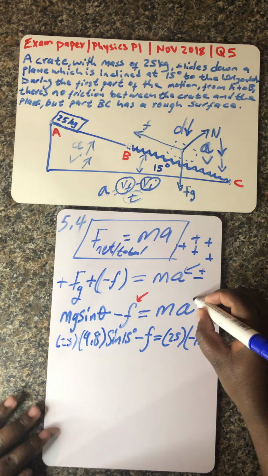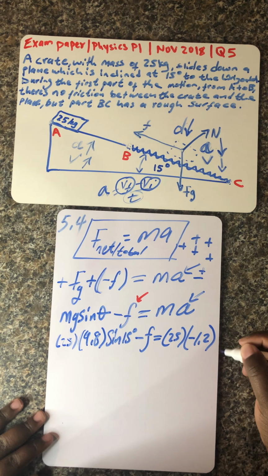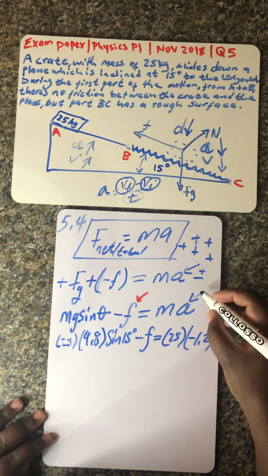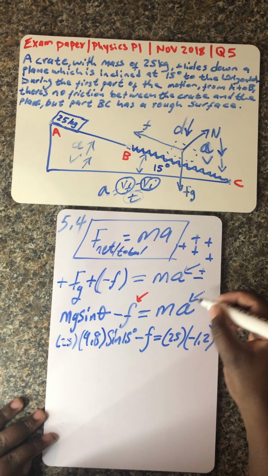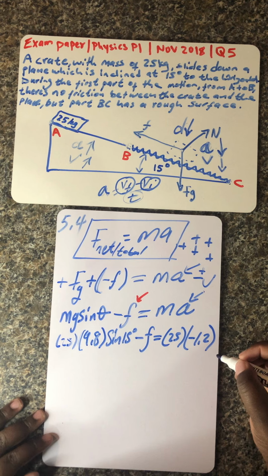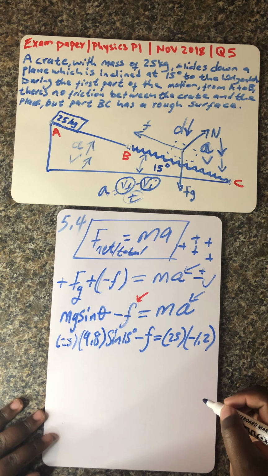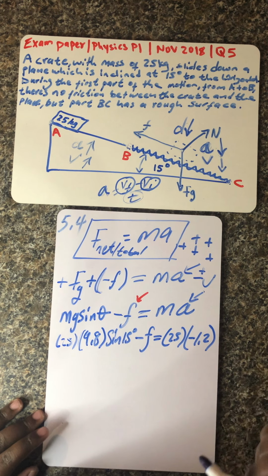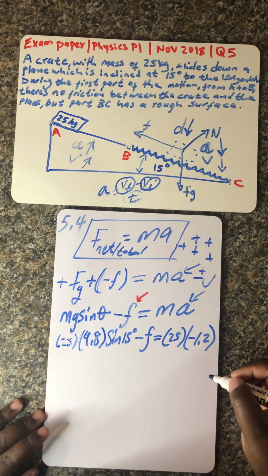It's because I know from previous grades, from grade 10, they teach us that acceleration is a vector quantity. What do you know about a vector quantity? A vector quantity is a quantity that has both magnitude and direction.